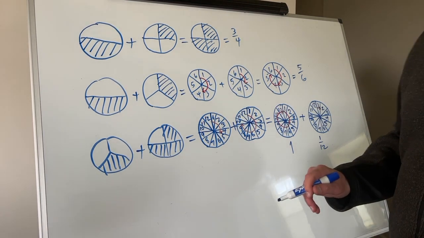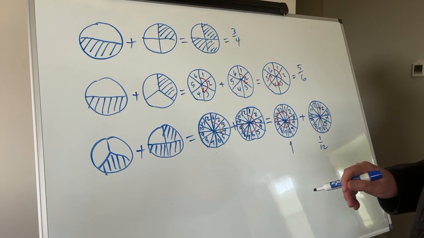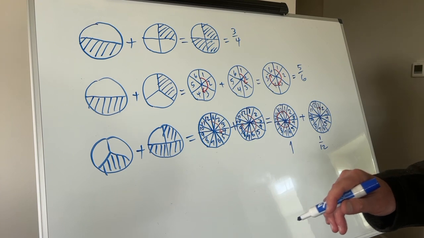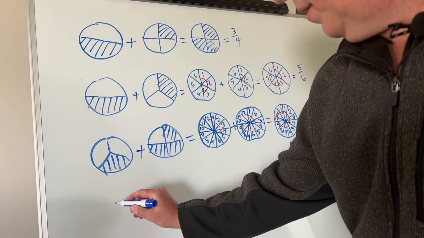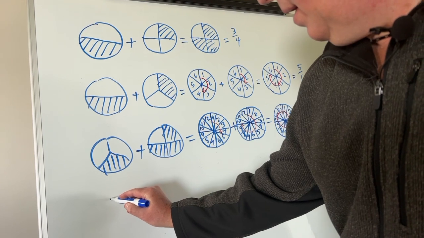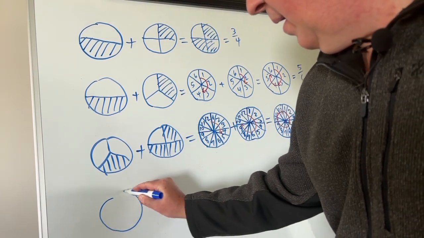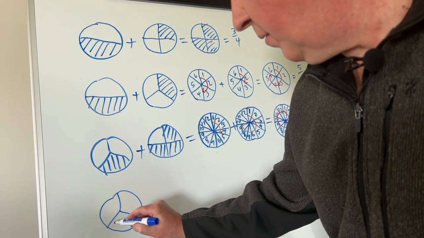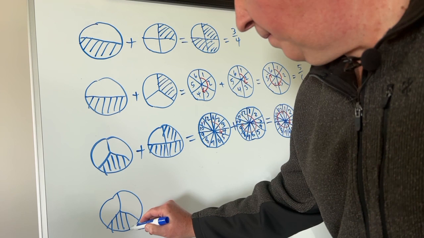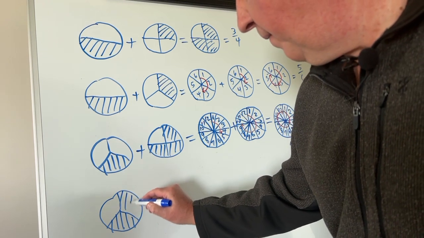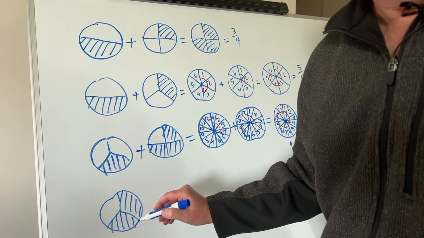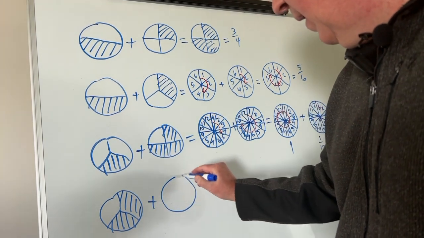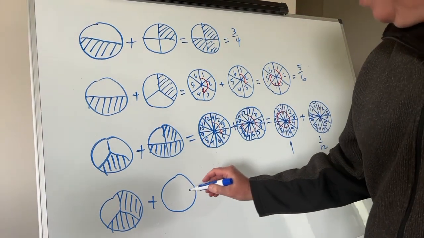Now the last one is going to be just a little bit more complex, not much more than the last one, but it will be divided by 3, it will be 2/3 plus, now this one's going to be divided by 5.